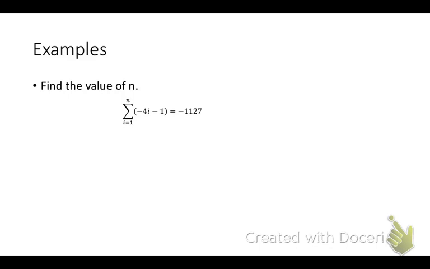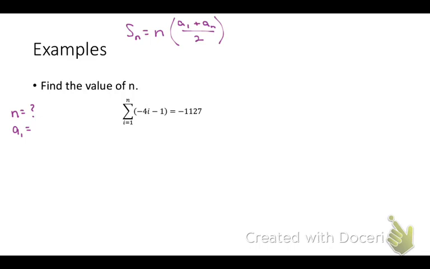So we need to find what n is. That's what we're looking for. We do not know what n is. If we're using S sub n equals n times a sub 1 plus a sub n over 2, that's just the formula we've been using up until this point, right? Do we know what the first term is, or can we figure out the first term?